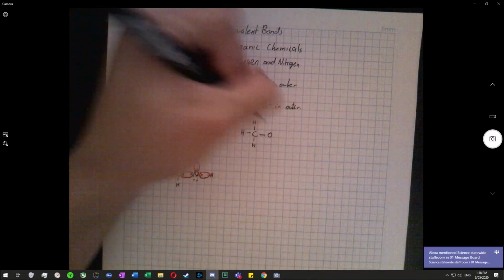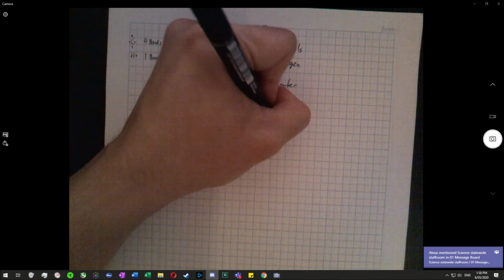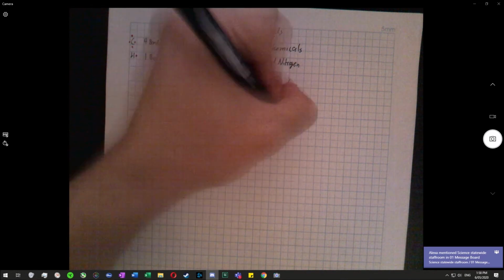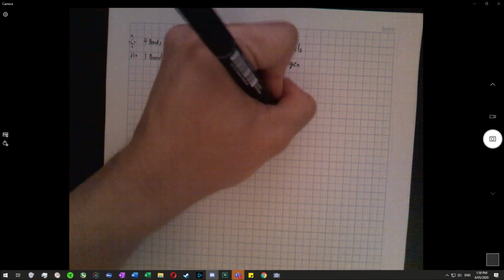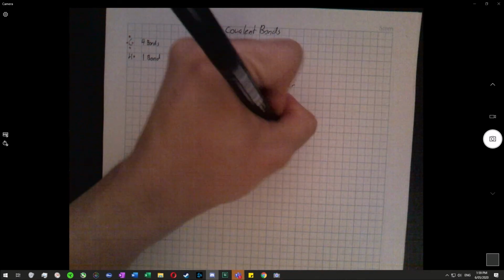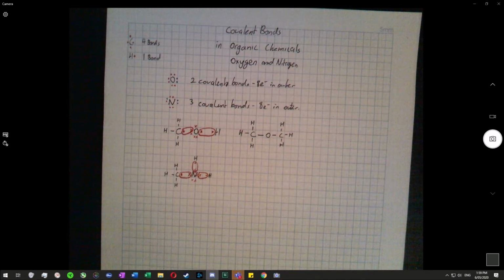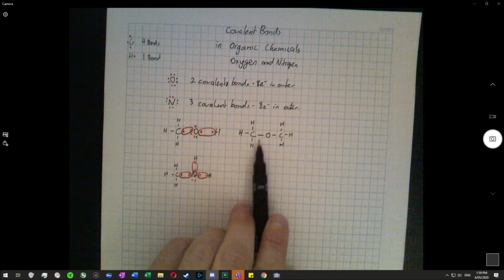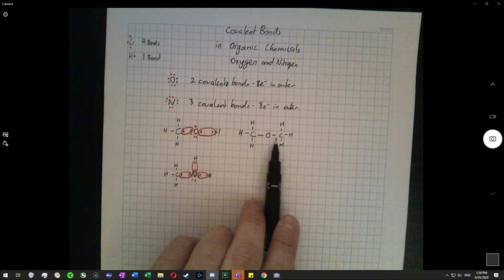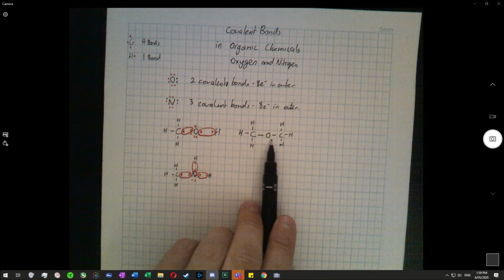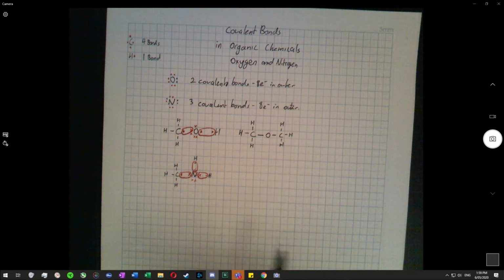So here, for example, I have an organic compound where both of the bonds here at the oxygen are with carbons. This is a possible chemical that you may see.